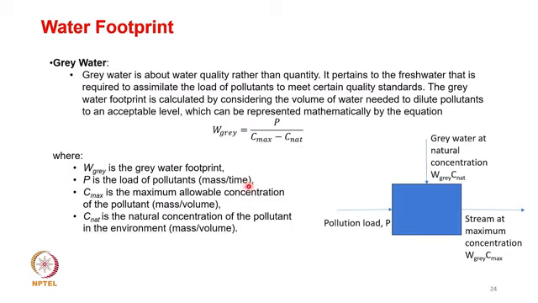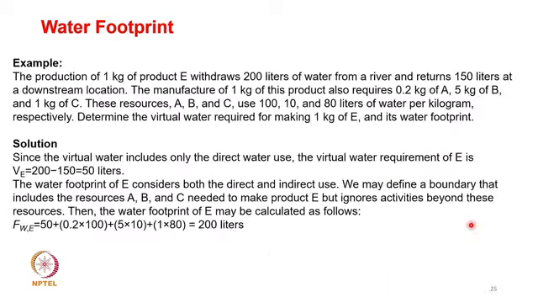So, P is the load of pollutant, in terms of mass flux, mass by time, and Cmax is the maximum allowable concentration and Cnat is the natural concentration of the pollutant. So, you have a pollutant load and we add the grey water at the natural concentration, eventually leading to water that can sustain the maximum concentration.